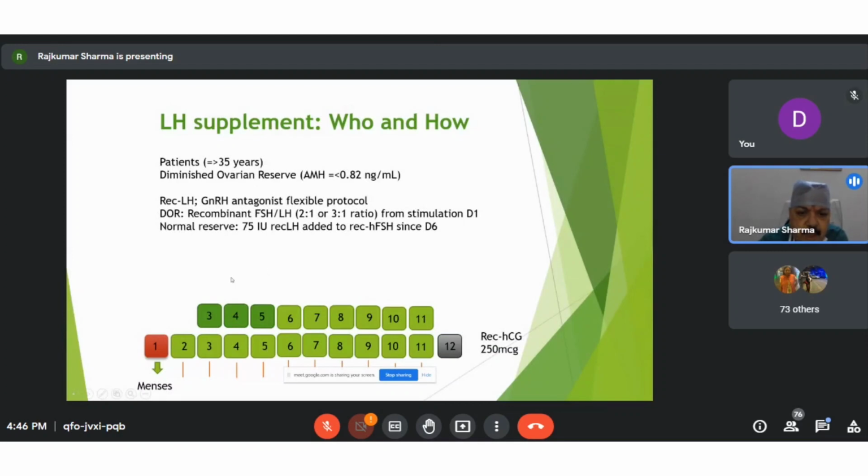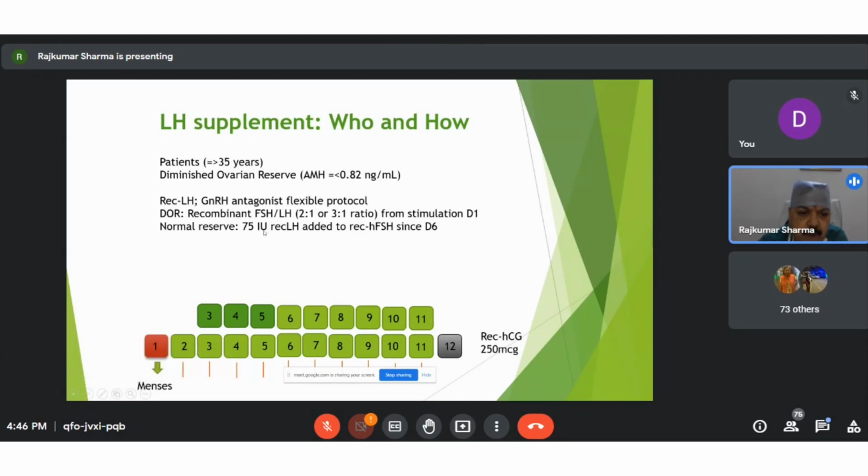Now, another patient: suppose the patient is more than 35 years with diminished ovarian reserve, recombinant LH and the antagonist flexible protocol is the one we use, again in a 2:1 to 3:1 ratio from day 1 of stimulation.